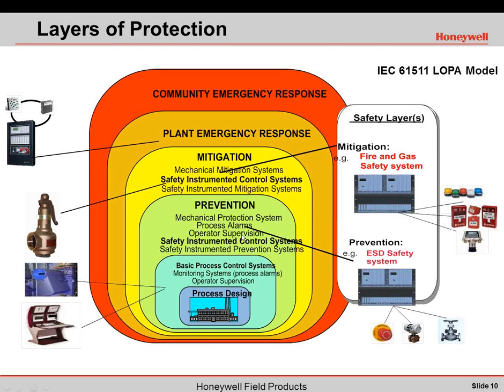So we have process design up through prevention, and it is to prevent an accident from occurring. If the event does occur, though, there are more layers designed to mitigate the impact, hence the name mitigation layer here.